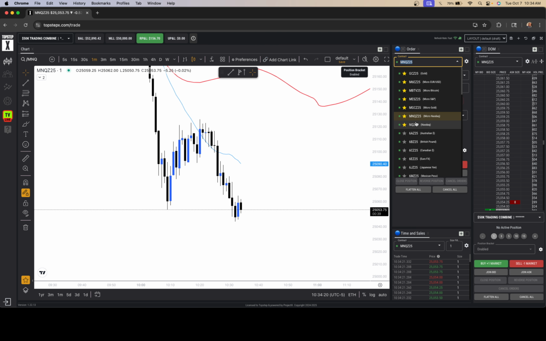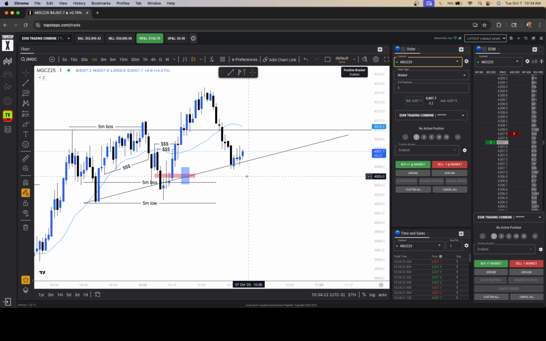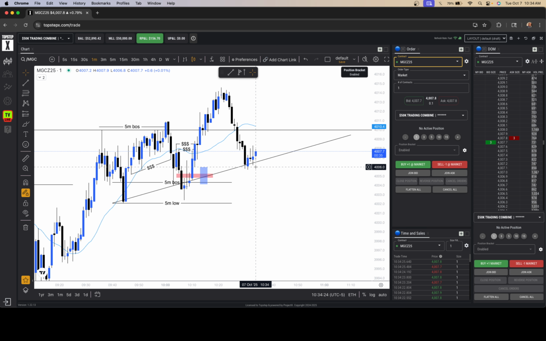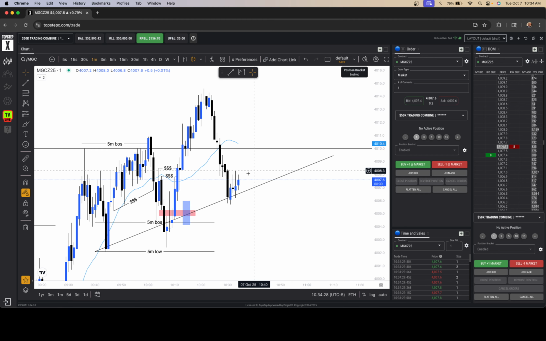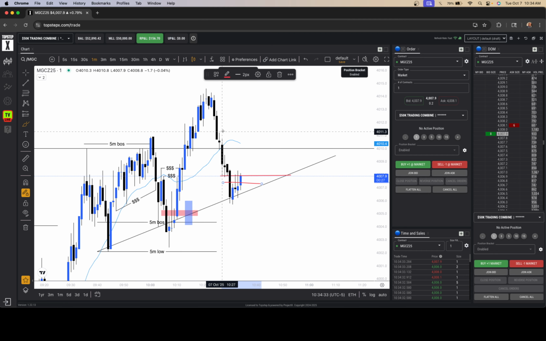Let's see what is going on with MGC. This is an okay setup for MGC, but the thing is, this is a strong push down now.